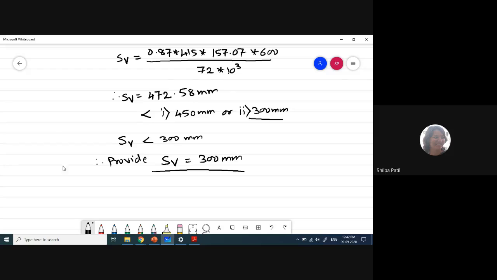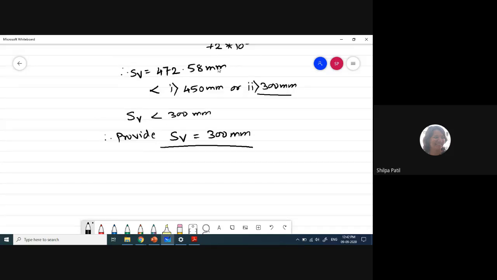Is it clear to everybody? The calculated value is out of the limitation. The limitation is SV should be less than 300, or it should not exceed 300 mm. So we have provided SV equal to 300 mm. Okay, so just write down one statement here again.